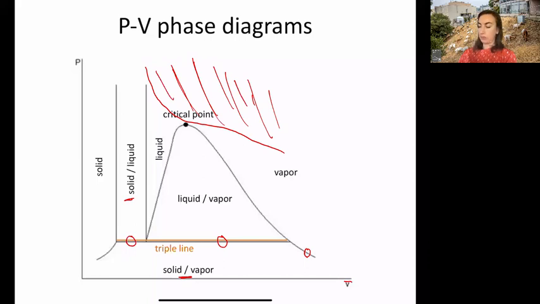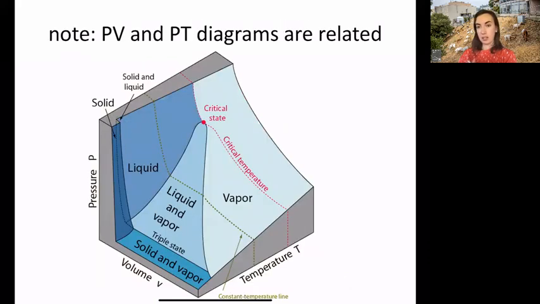Cool. Okay, so I want to do a couple practice problems of just working with these types of phase diagrams. Actually, first, I want to note that the PT and the PV diagrams are related to each other.